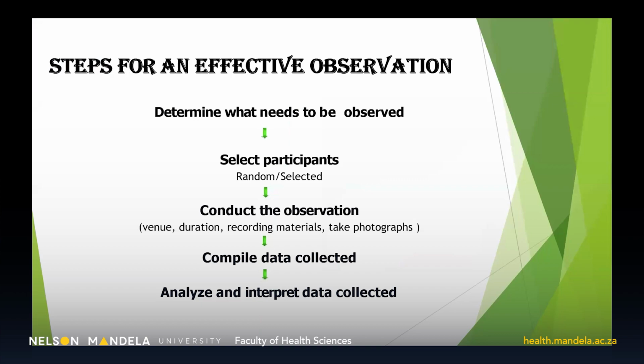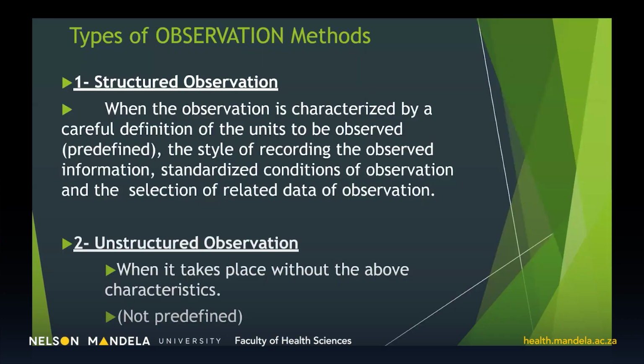It can be random, whichever way, and you conduct the observation. But in conducting observation, think about the venue, the duration, the recording materials, and things like if you're going to take photographs, and then how you're going to compile that data, and then you analyze it. These are the different steps that you need to take into account in an observation.